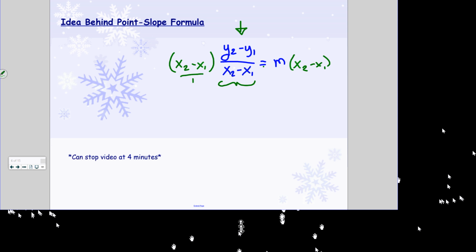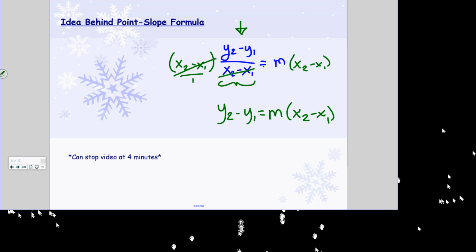Anything over 1 is itself divided by 1, right? So these will cross simplify and therefore divide out to be 1, which means that they go away because we don't need to write them if they're just 1. So that leaves us with just the numerator equal to m times what used to be our denominator.